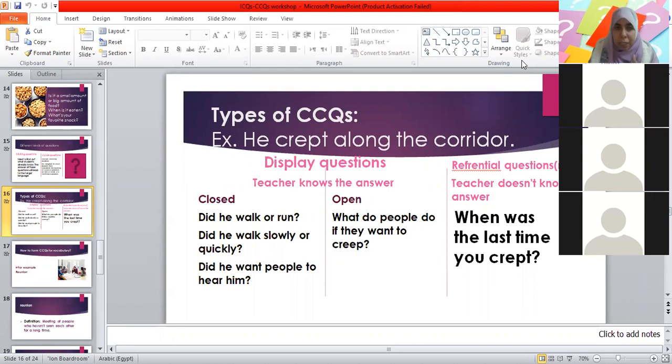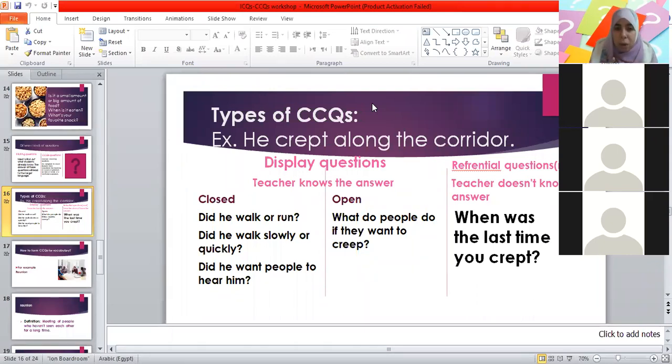The teacher knows that he walked slowly or quietly. Did he want to be seen? No, he didn't want to be seen, in fact. So again, the teacher knows the answer of these closed yes/no questions, closed because the answer is yes or no, or just one word.